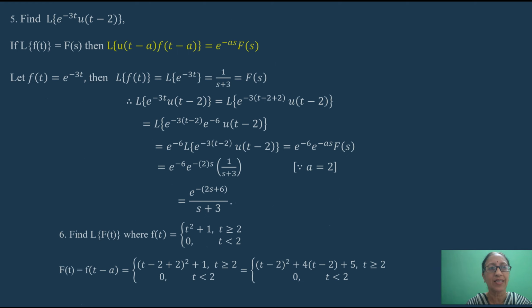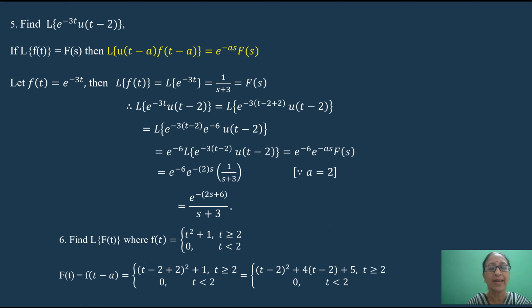Find the Laplace transform of e power minus 3t into u of t minus 2. If this has to be evaluated, then we have to use this definition: if L of f of t equals F of s, then L of u of t minus a into f of t minus a equals e power minus as F of s.